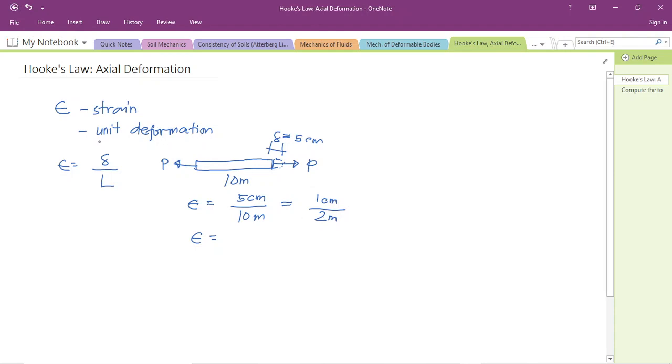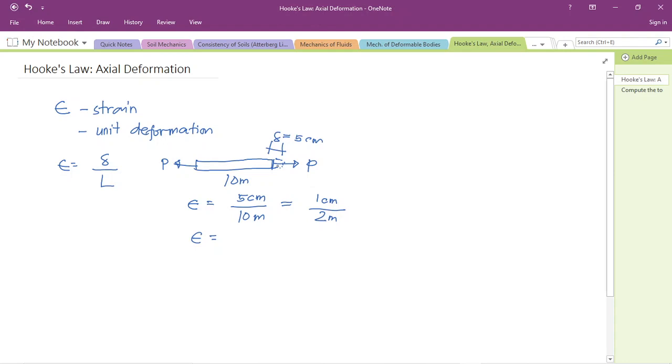Kaso, epsilon is unit deformation. Parang ang konsepto niyan is for every unit length, what is the elongation or contraction, deformation? So, ang applied force kasi might be a pull or push. When it is a pull, so tensile force, mag-cause siya ng lengthening.